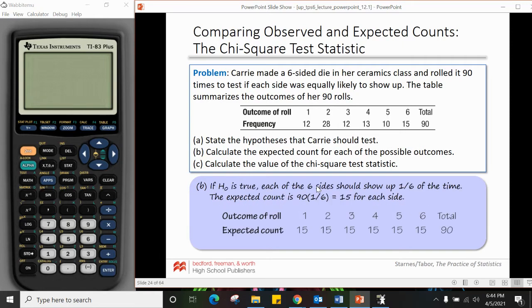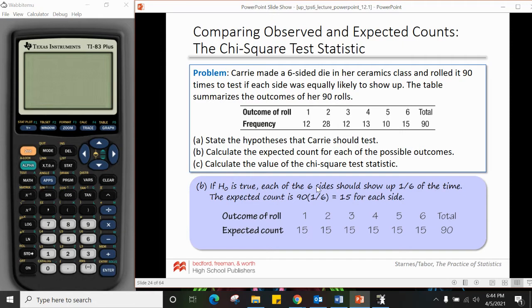Part B is calculate the expected count for each possible outcome. So expected counts would mean if H0 is true, then the six-sided dice would show 1/6 of the time, like we said. The expected count for each number is the probability of that category times how many total trials there were. So there were 90 rolls here.